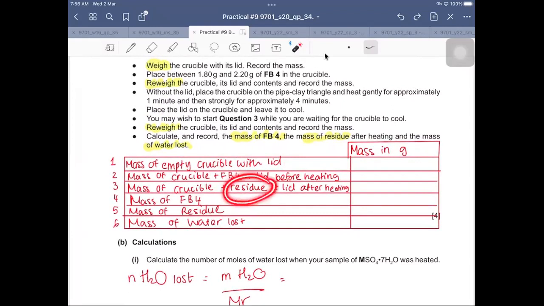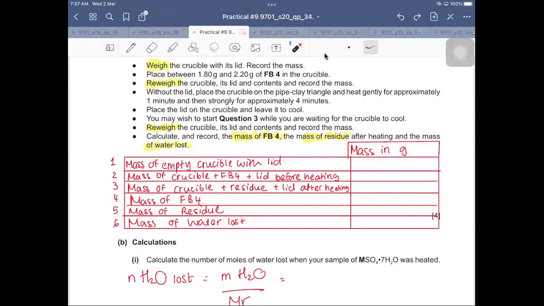Residue is actually your FP4 after the reaction has been completed. Well, we think that it's completed. Then mass of FP4, and mass of residue again. Residue is the solid that you are left with after heating. Then mass of water loss.